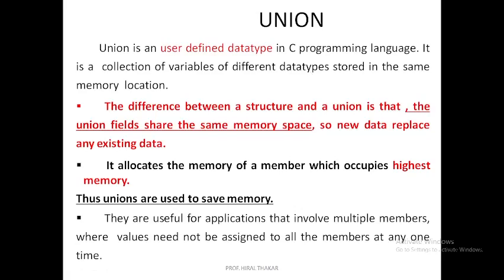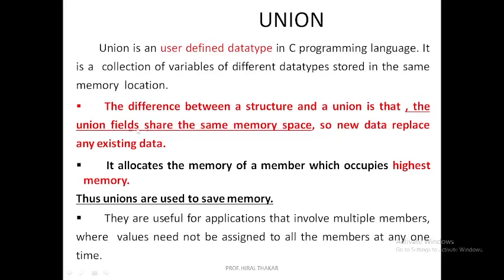Let us go through the definition of union. It's a UDD, user defined data type. It is a collection of variables of different types stored in the same memory location. The difference between structure and union is about memory allocation.